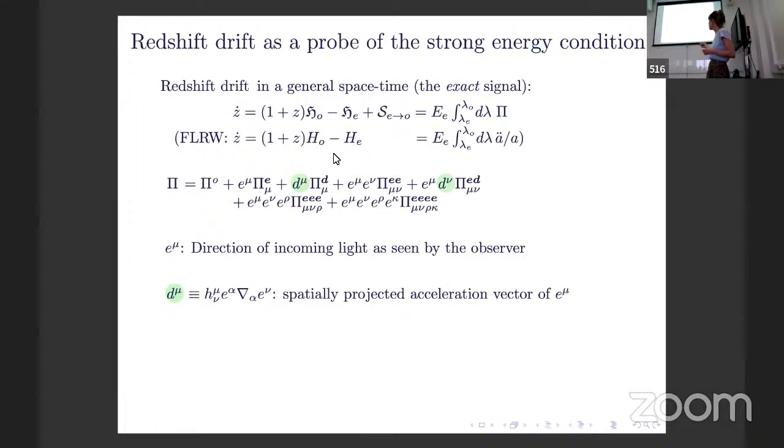And this you can think of as incorporating information about the drift of the astrophysical source, the drift of the spatial direction.